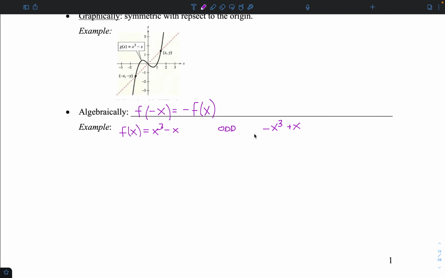I like to write that off to the side, so that when I get my answer, I can clearly see whether it matches this response or this response. And if it doesn't match either of them, then my function is neither. Let's substitute in f of negative x here.